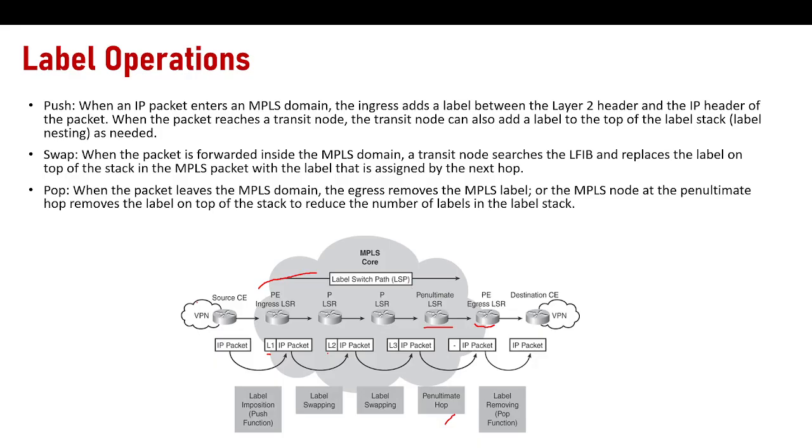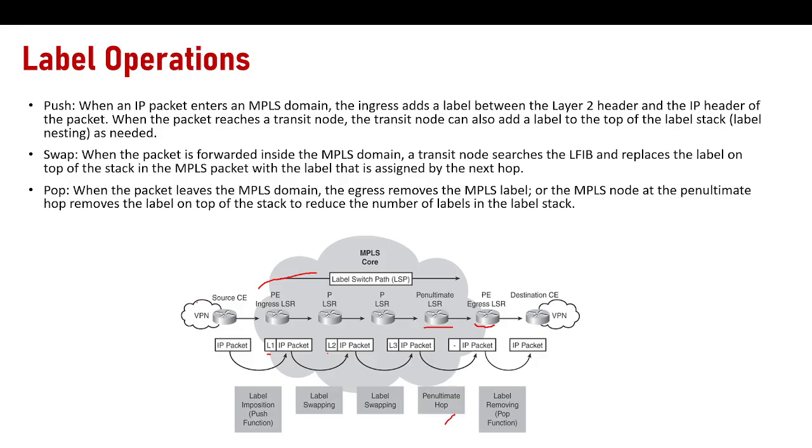The optimization says that the second last router performs the label lookup, pops the label, and forwards the native IP packet, so the last router only performs the IP header lookup. We can say it is an optimization. Yes, thank you, Yahya. I hope you've gotten it clearly.